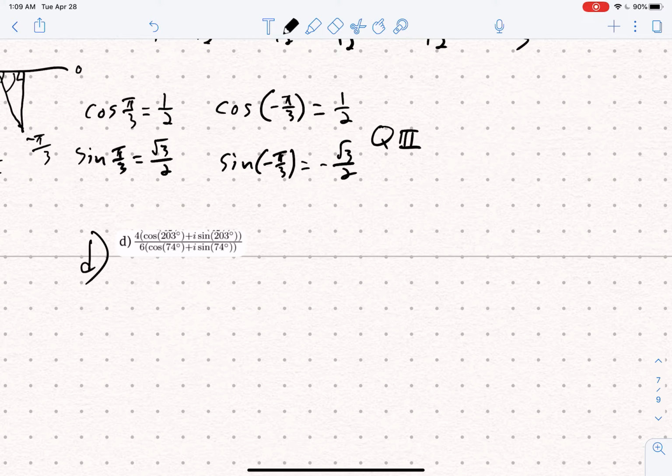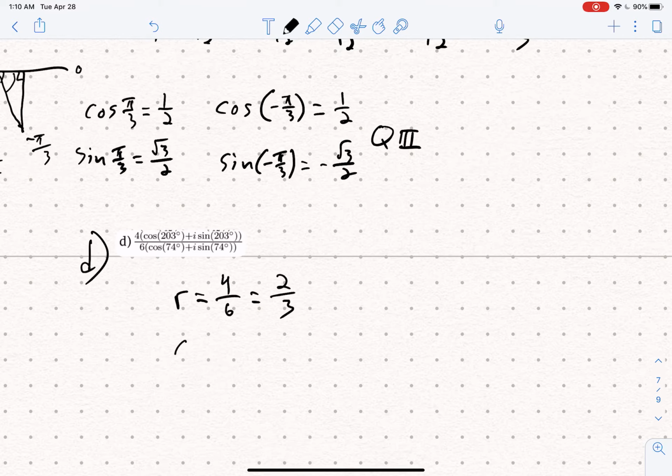And we have a complex number on the top with a modulus of 4 and an argument of 203 degrees. And on the bottom, we're dividing by the complex number with modulus 6 and argument 74 degrees. So just as before, we find r. r is equal to 4 over 6, which is 2/3.